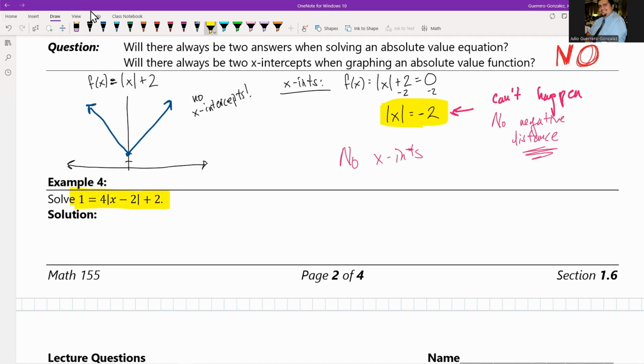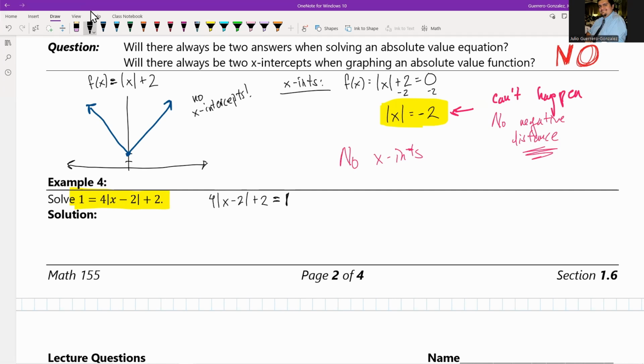Let's say I wanted to solve this out. I'm going to rotate it: 4 times the absolute value of x minus 2, plus 2, is equal to 1. It's the same thing, just the other way around. I'm going to try to solve this out.